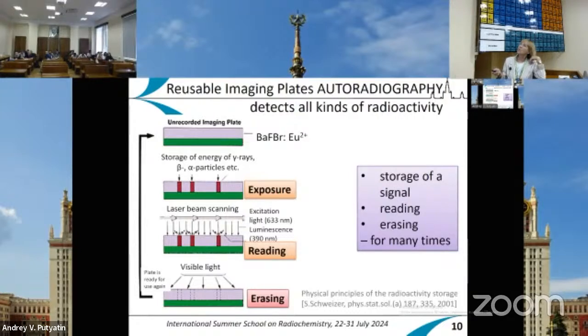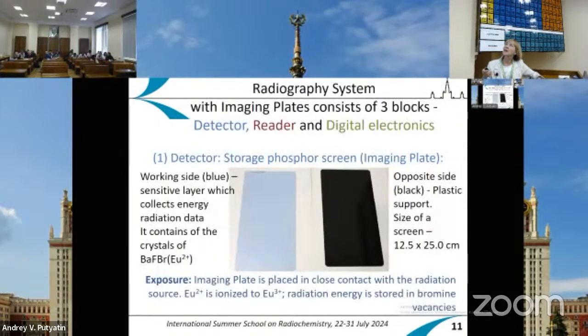So this is the physical principles paper, very good in details, showing what kinds of processes occur in this phosphor layer. Imaging plate radiography consists of three main blocks: detector, reader, and digital electronics.